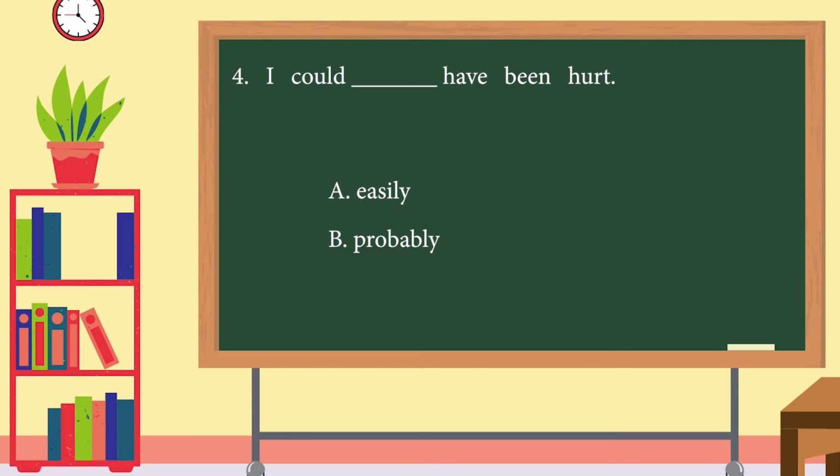Time's up. Number 4. I could blank have been hurt. A. Easily. B. Probably. C. Absolutely. D. Certainly.